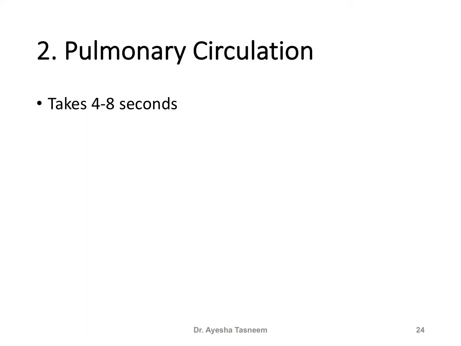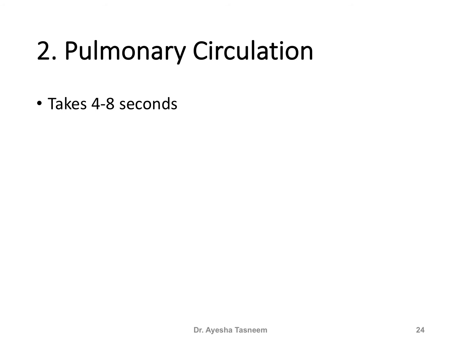Now we come to the second type of circulation, that is the pulmonary circulation. In this type of circulation, the deoxygenated blood from the heart goes by the pulmonary trunk, which divides into right and left pulmonary arteries, and reaches the lung capillaries, where the oxygen is added and the carbon dioxide is removed, and the blood returns from the lungs to the heart by 4 pulmonary veins, 2 from each lung.